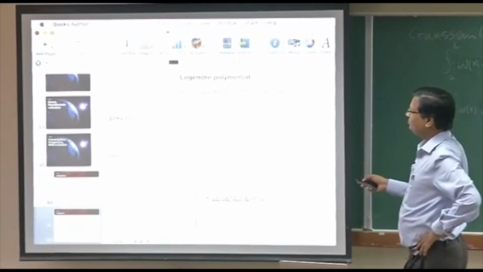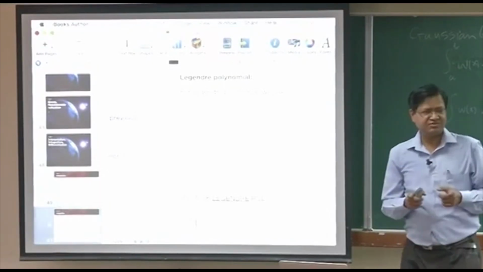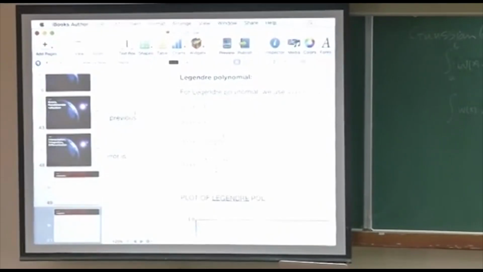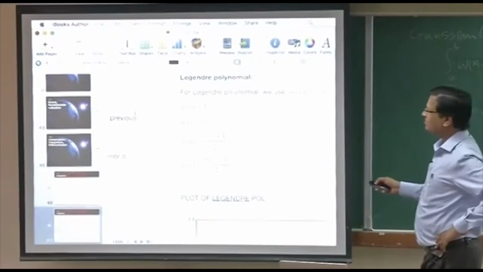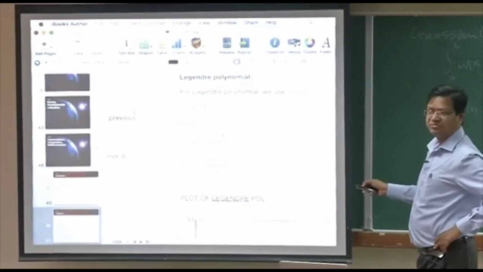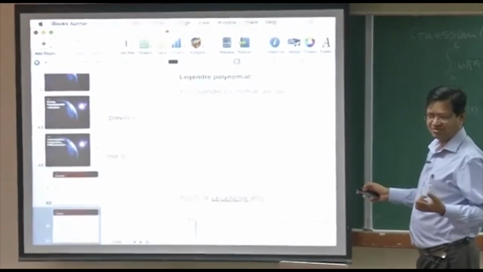This is the same as what you get for the hydrogen atom, spherical harmonics, and the theta part is given by Legendre. Phi 0, phi 1, phi 2, phi 3, and phi 2 has 2 roots, so it is the third polynomial.